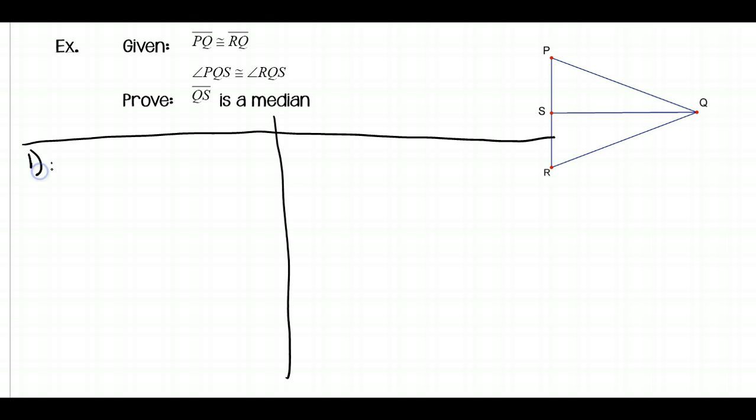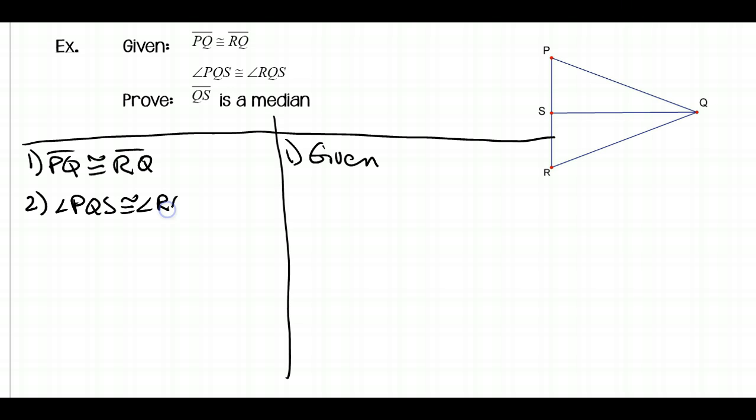So I've got PQ congruent to RQ. It's given. And I've got angle PQS is congruent to angle RQS. That's also given. So let's mark these on the picture. PQ, RQ, PQS, this angle over here, and RQS.